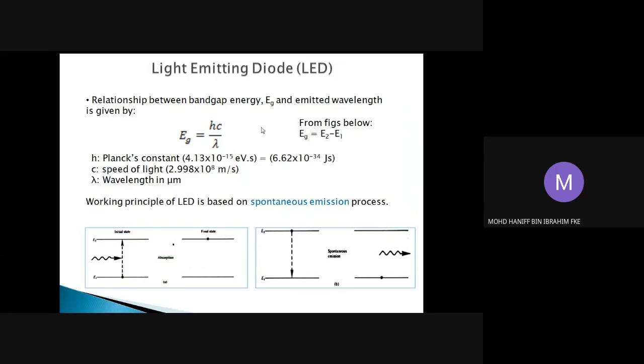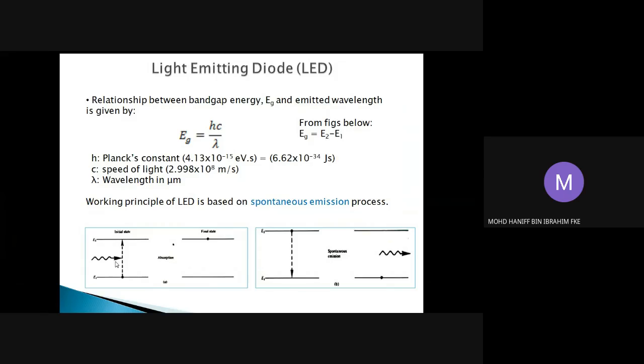Okay, so the LED basically works based on a process known as spontaneous emission. What is meant by spontaneous emission? I put it here in this diagram, where we have A and B. A is what we call absorption, the excitation process we discussed in the previous slide. Initially, the electrons are at the valence band, at the energy level E1.